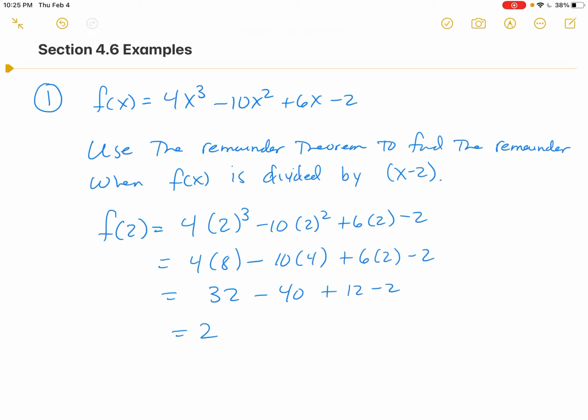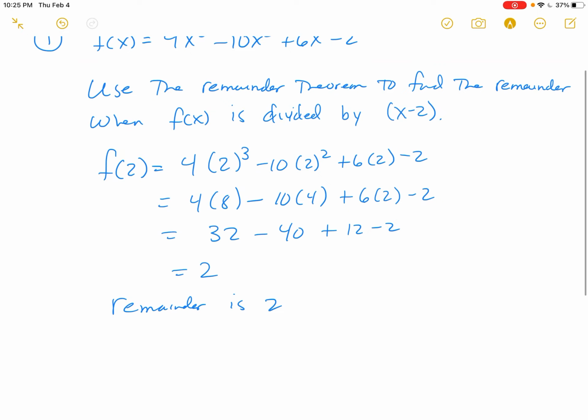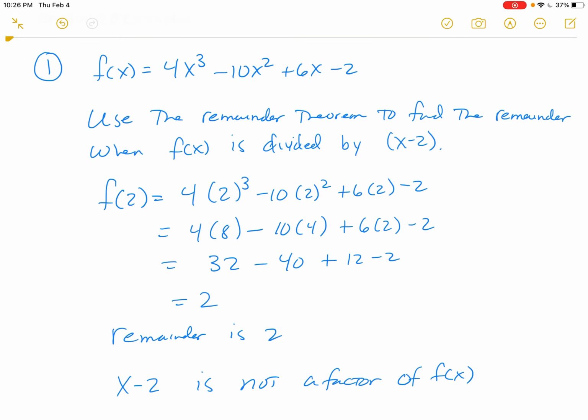Well, that's the remainder. So the remainder is 2. Now, because the remainder is 2, x minus 2 is not a factor of f of x. You know that because if you tried to divide by it, the remainder would be 2. It didn't go in evenly. It's only a factor if it's 0.